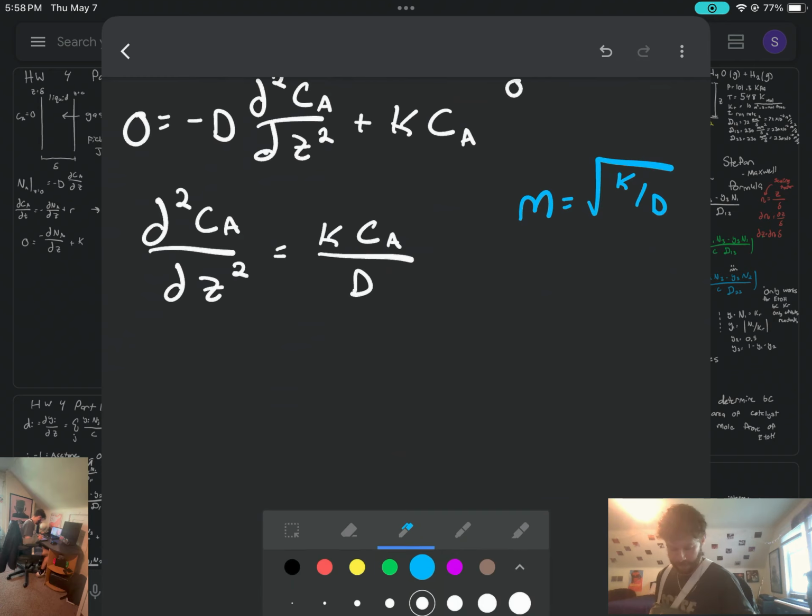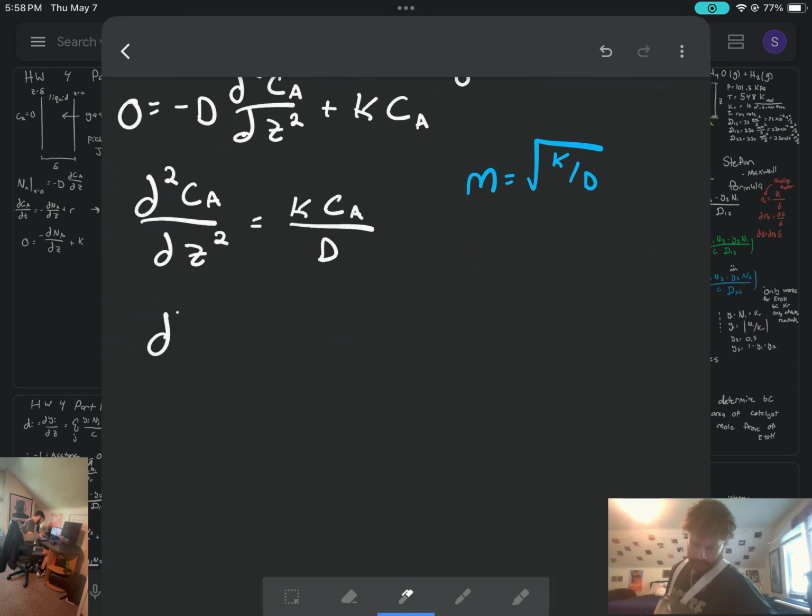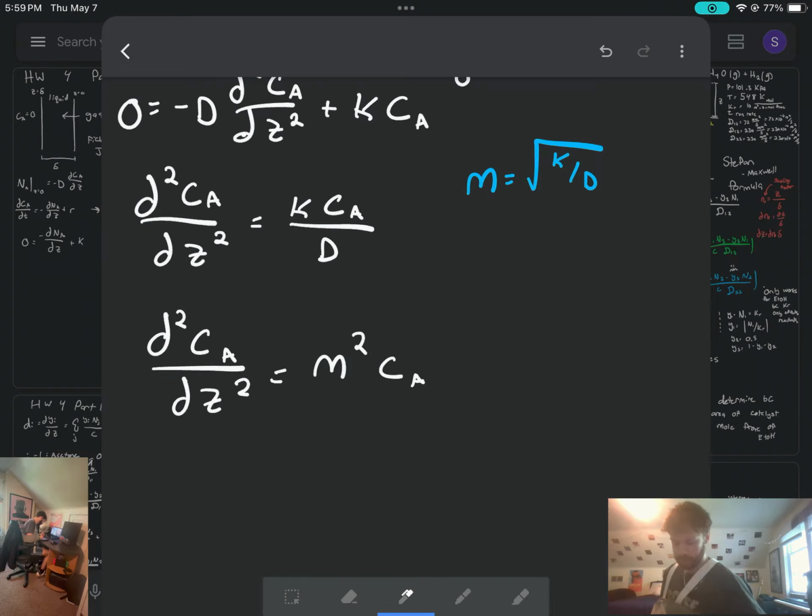So with that, the second derivative of our concentration with respect to position is equal to m squared times our concentration.